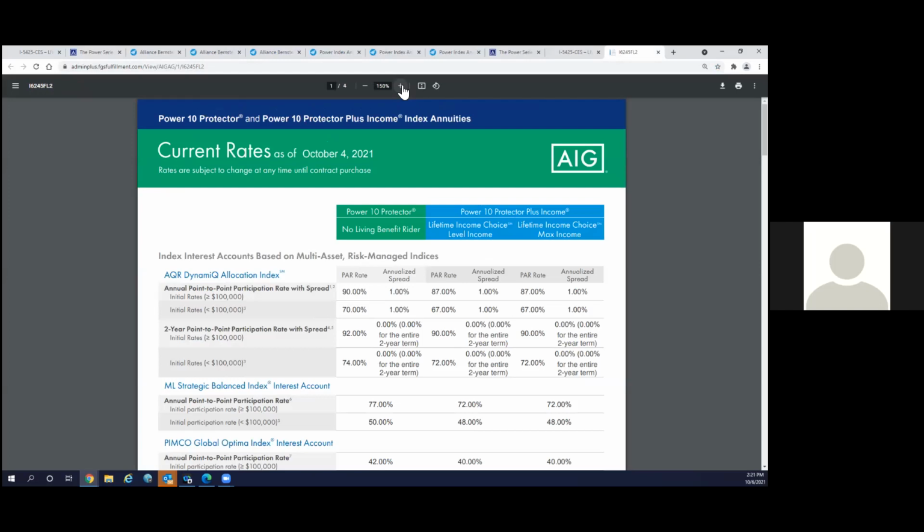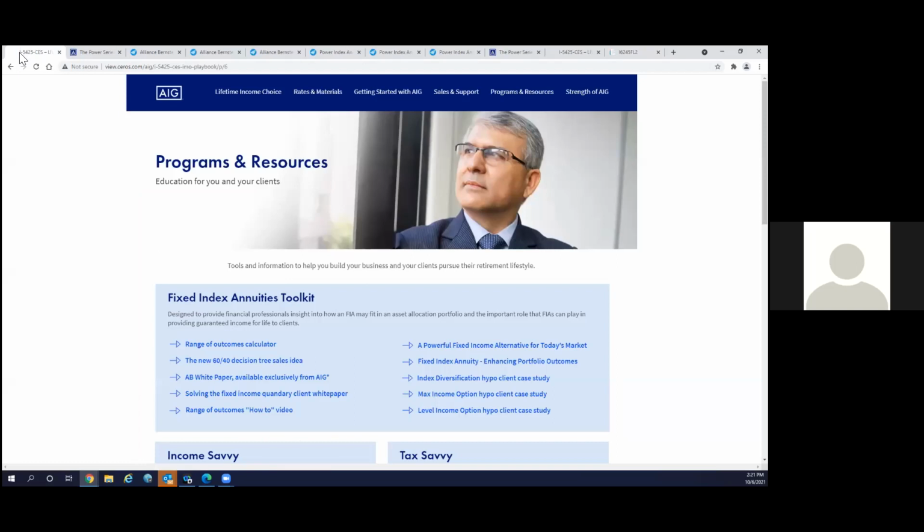Keep in mind too, just as a quick summary, we talked about how we're here to help you enhance your business and give you the tools that you need. One, the Lyons-Bernstein white paper, available exclusively from AIG. Two, the client white paper, educating them on fixed income investing and the risks they take in a rising interest rate environment.